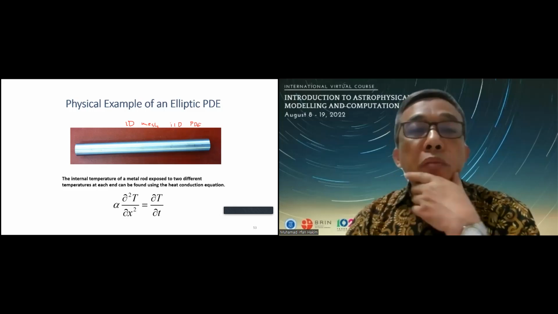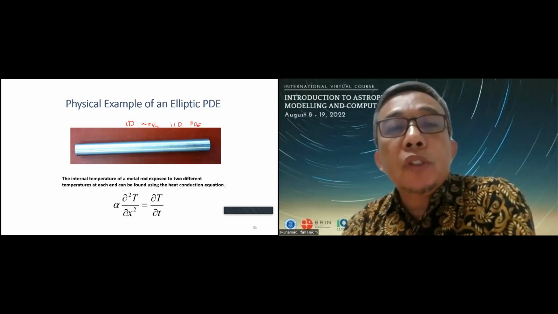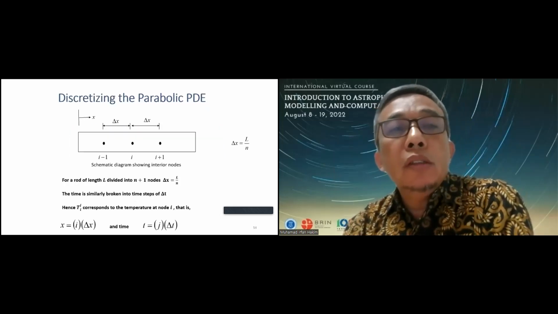But we need to know what the boundary conditions of these problems are.